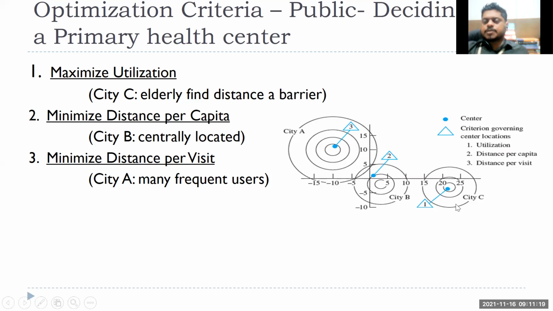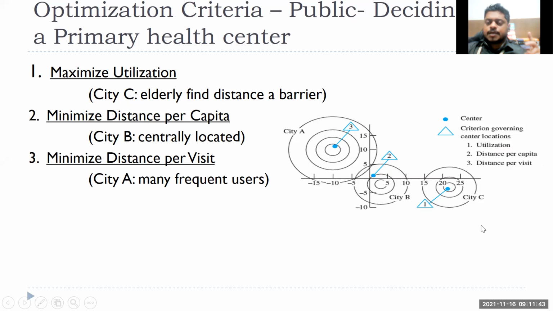Here it might be 5% or here might be 8%, right? That is the data you have to collect. That is the first part, utilization. What is the utilization rate? How many people are going to use it? Obviously, city A is the biggest city, but what is the utilization rate? Then accordingly multiply by population, and that will give you the average utilization for that city.